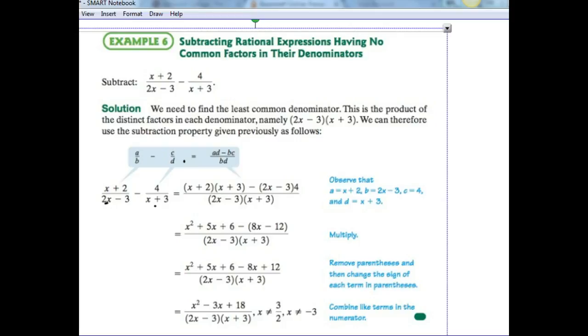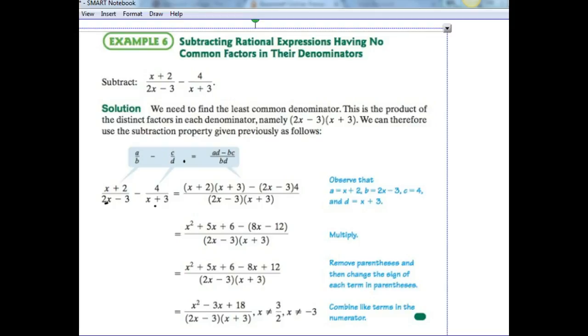Now, when I combine these together, first of all, these two right here, you have to do the FOIL method, which is the first, the outer, the inner, and the last. And you end up with x squared plus 5x plus 6. You're subtracting, the 4 gets distributed to both of these numbers, so you're really subtracting 8x minus 12, and that's why there's parentheses around that whole thing.